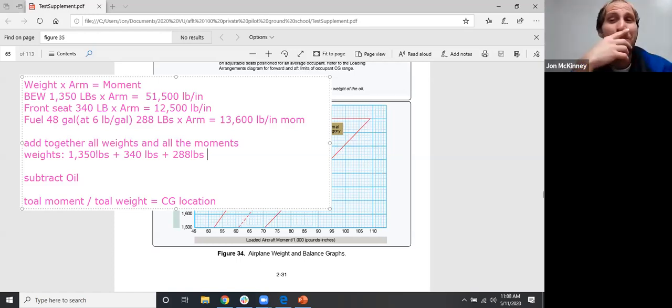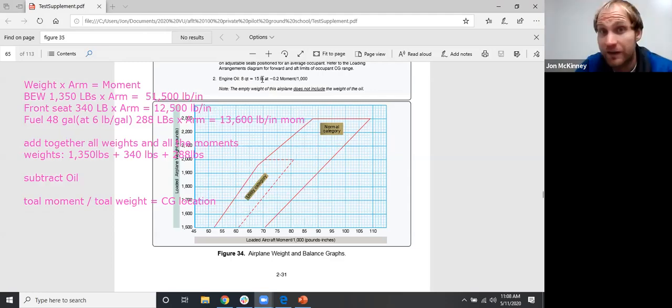But I'm thinking that when we start to do the math for moment, it'll be subtraction math since it's in front of the datum. I think we said it was 15 pounds, but let's double check that. Yep, right here it says engine oil 8 quarts, which is 15 pounds, and it's at the station in front of the firewall. If we screw it up, then maybe we needed to subtract the 15 pounds, but in my mind, I think we need to add it.